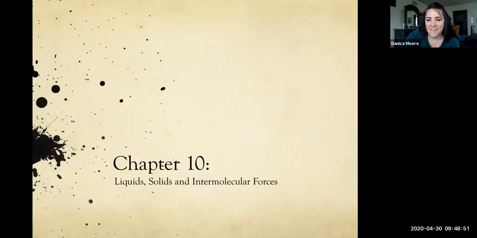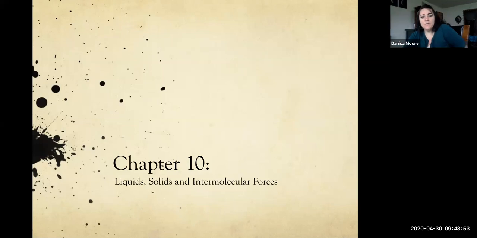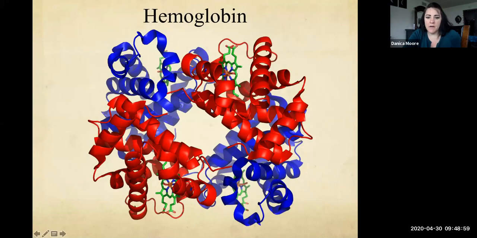Okay, all right, guys. So we talked about last class molecular polarity, and we talked about intermolecular forces. So this slide here is a picture of hemoglobin.